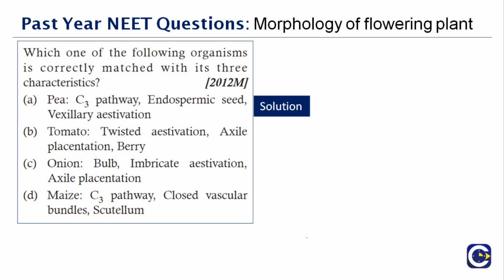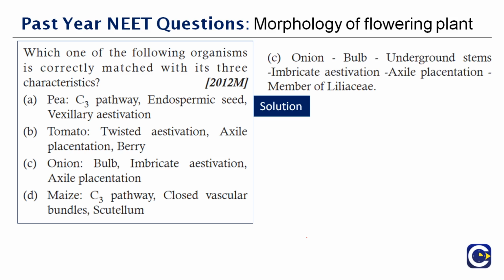Imbricate aestivation, so aestivation is nothing but the arrangement. So onion has imbricate aestivation, that is true. It has axile placentation, that is also true. Therefore the right answer to this question is option C. And it's a member of Liliaceae. Okay, therefore the right answer is option C, the correctly matched pair with the three characteristics.